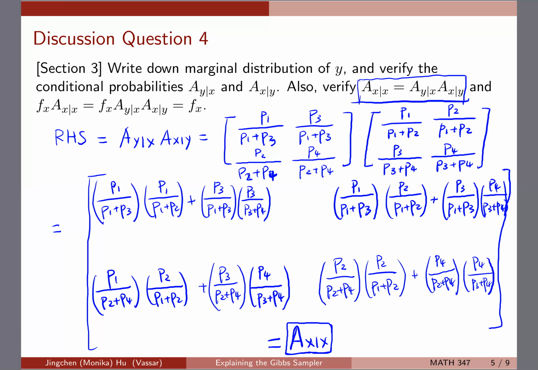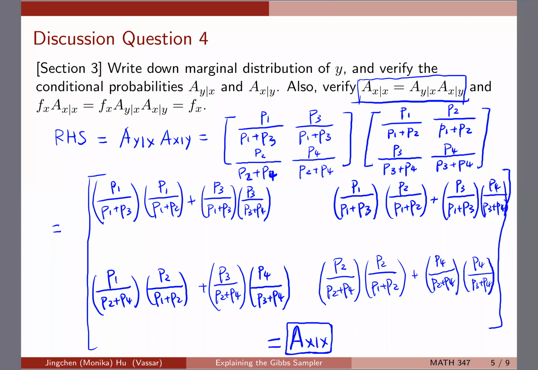Okay. Yeah, so I'm going to pause here a little bit. It's some stretch of thinking, and I'm going to give you a hint. Once we do that, we're going to move to the new material. So one thing to think about: we know this A(x given x) should be 2 by 2, and we're transitioning from previous x to next x.